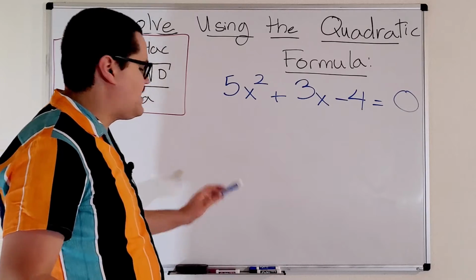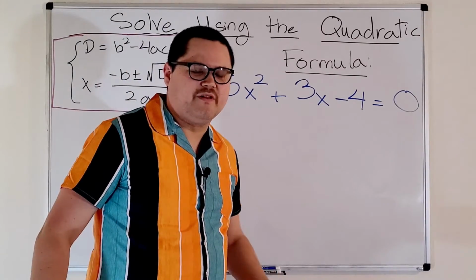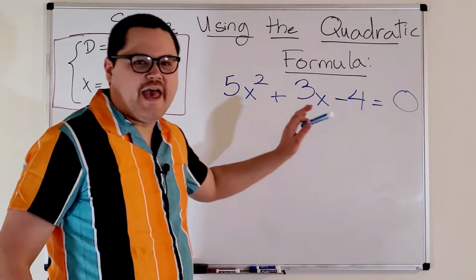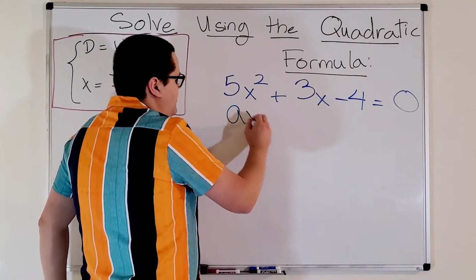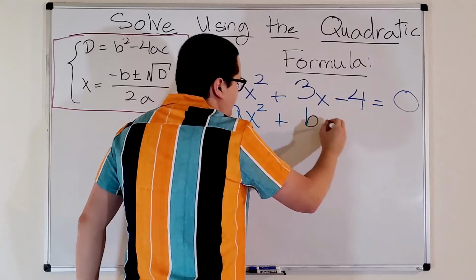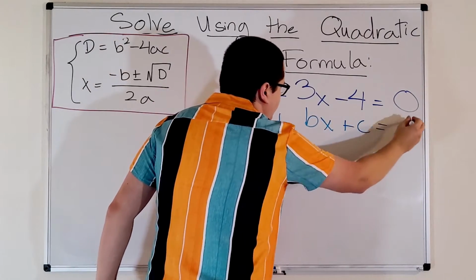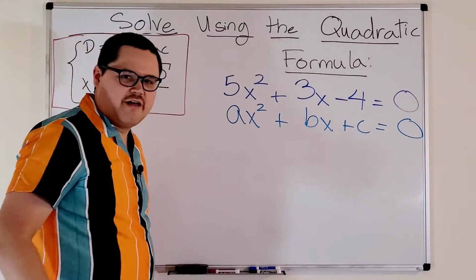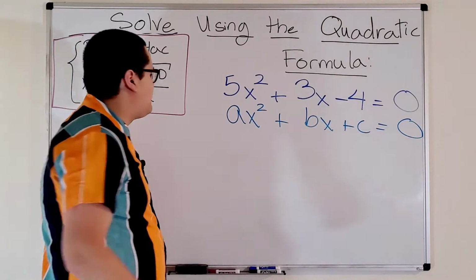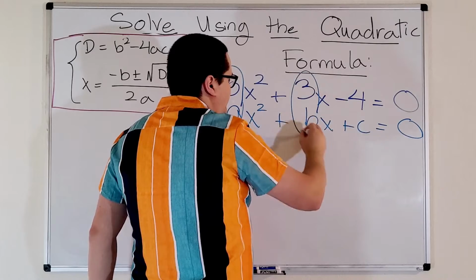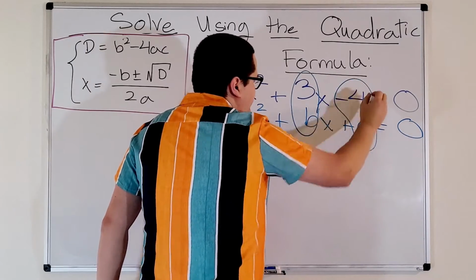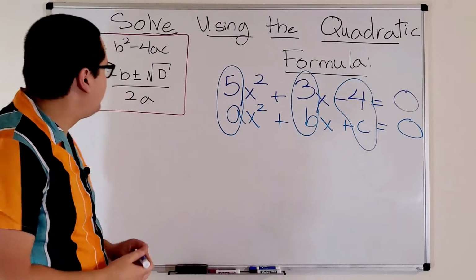So the first step in applying the quadratic formula is identifying a, b, and c. So our general form is ax squared plus bx plus c equals 0. So a is the coefficient of x squared, which is 5, b is 3, and c is negative 4.